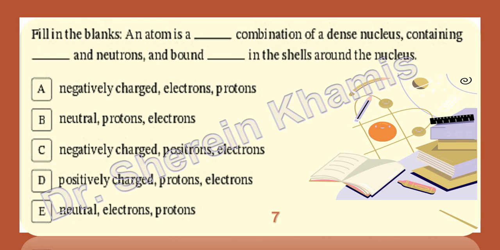When we say the nucleus containing, we complete the structure of the nucleus containing protons and neutrons, and bound in the shells around the nucleus, we have the electrons. So the right answer will be letter B. We have a neutral combination of protons and neutrons, and the bound electrons. Okay, let's go into question 8.